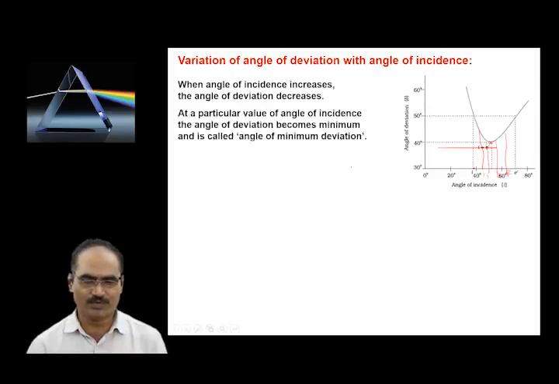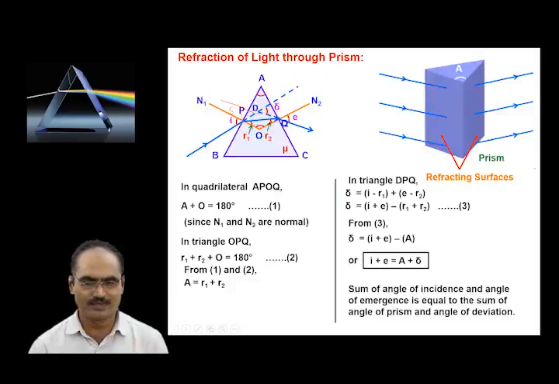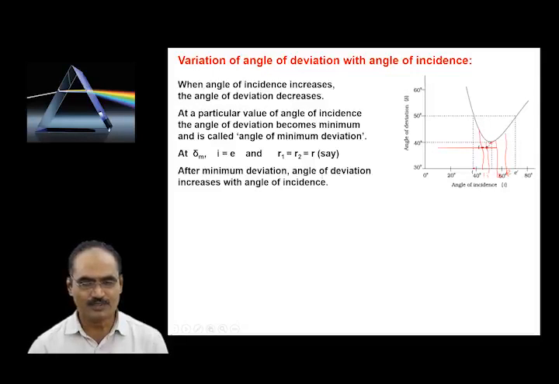Based on this property, at delta M, I is equal to E, and at the same time, if I is equal to E, obviously R1 is equal to R2. If I and E are the same, then obviously R1 and R2 are also the same, right? So the refractive index of the material of the prism can be written like this. That is what we can now obtain.